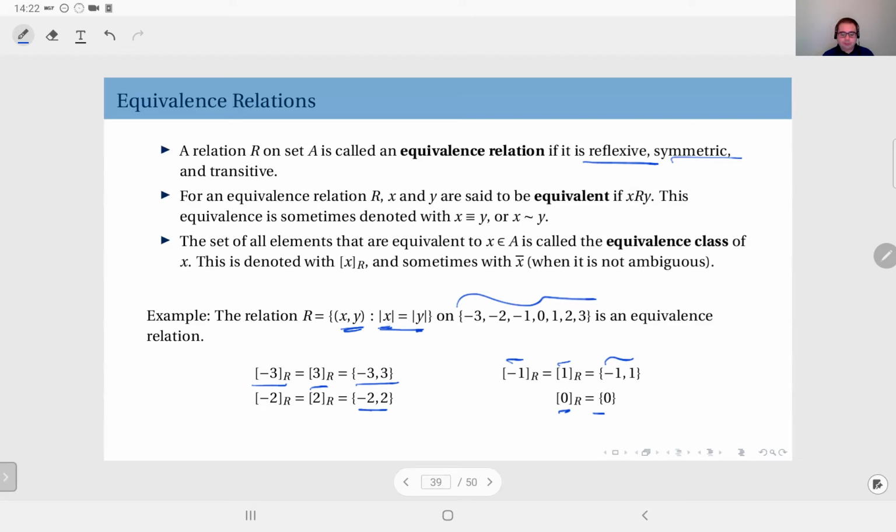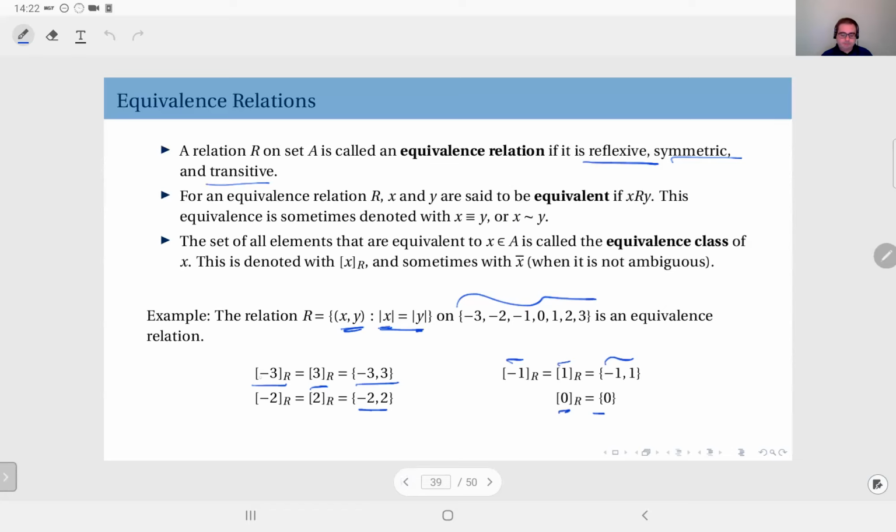Yes, because if you have xy, that means their absolute values are the same, which means you should also have yx because their absolute values are the same. Is it transitive? Yes, because if the absolute values of x and y are the same and the absolute values of y and z are the same, that means the absolute values of x and z also must be the same. So it has all three properties, which means it's an equivalence relation.